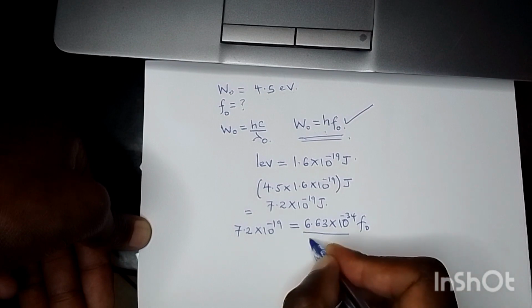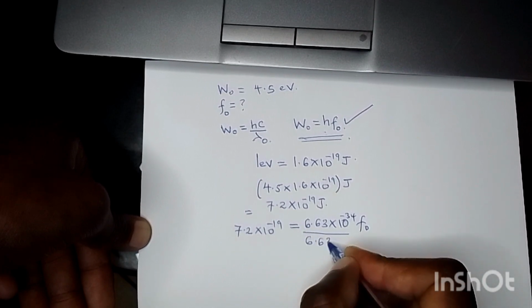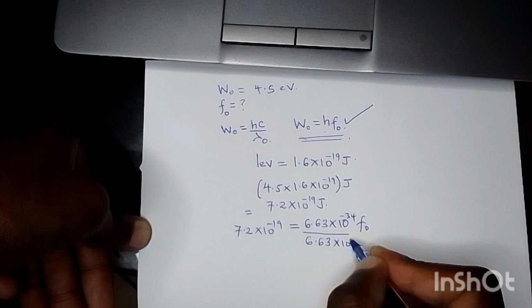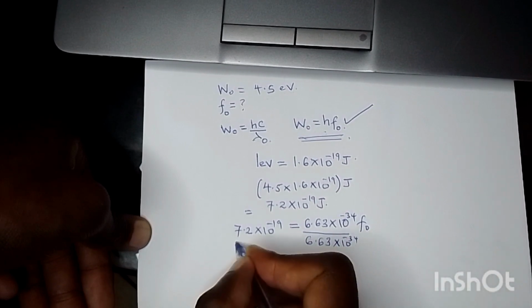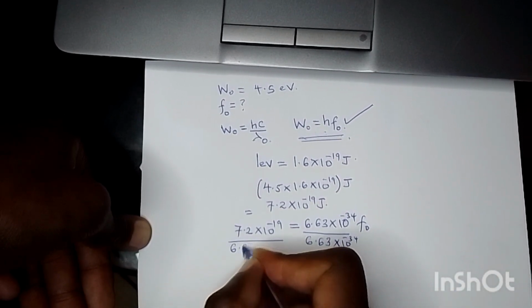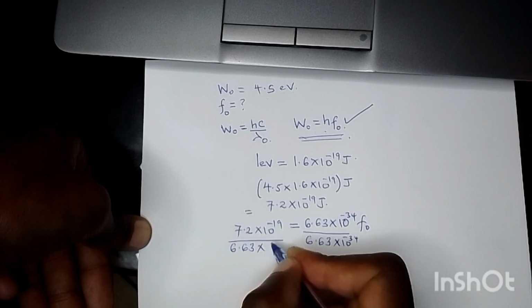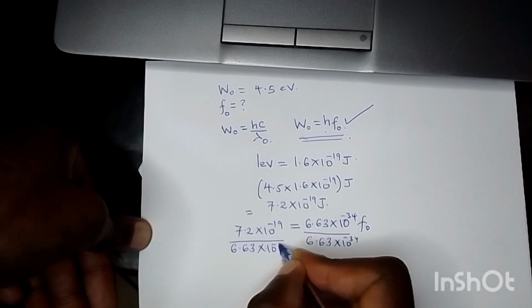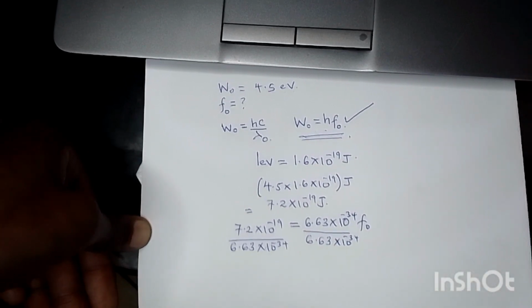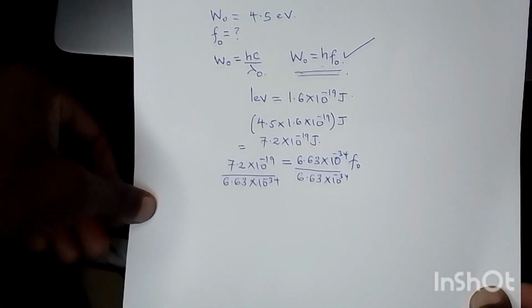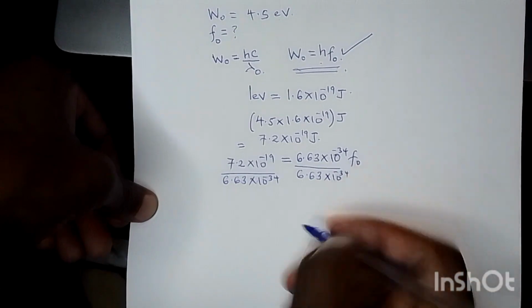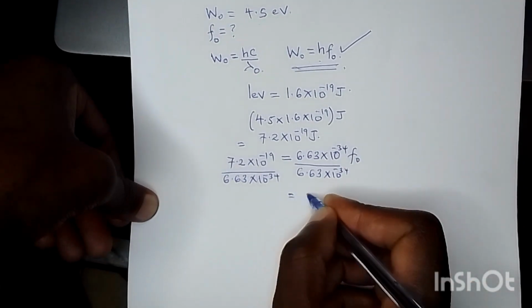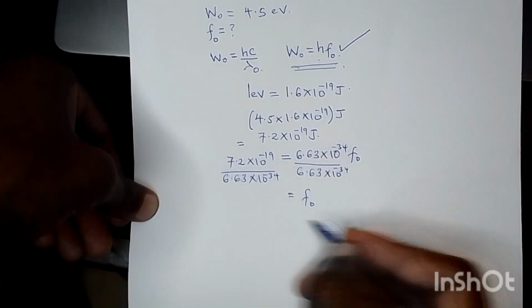Divide both sides by 6.63 times 10 to the power negative 34, so that this one will cancel and I'll have my f naught on this other side.